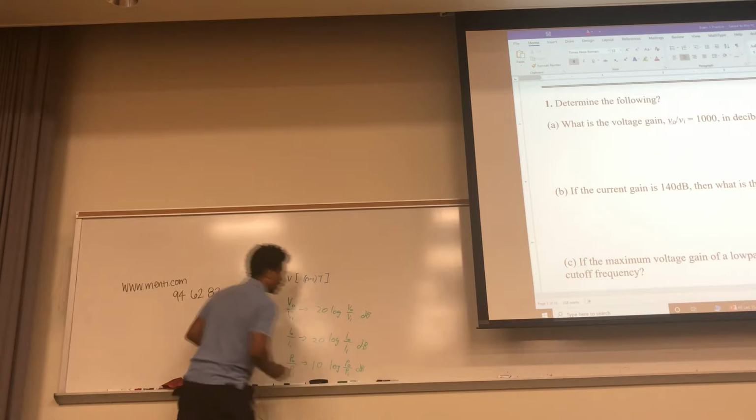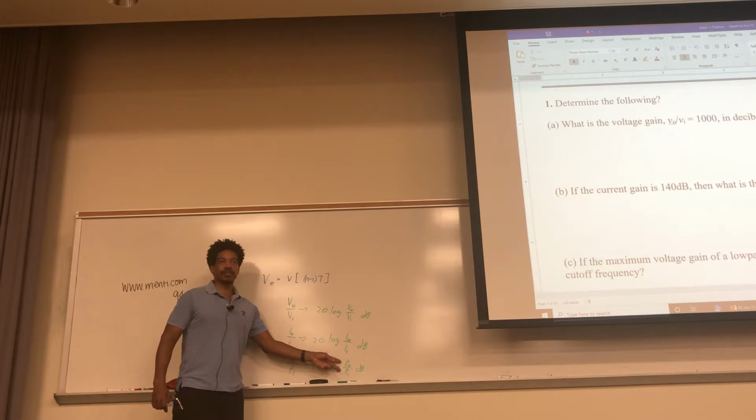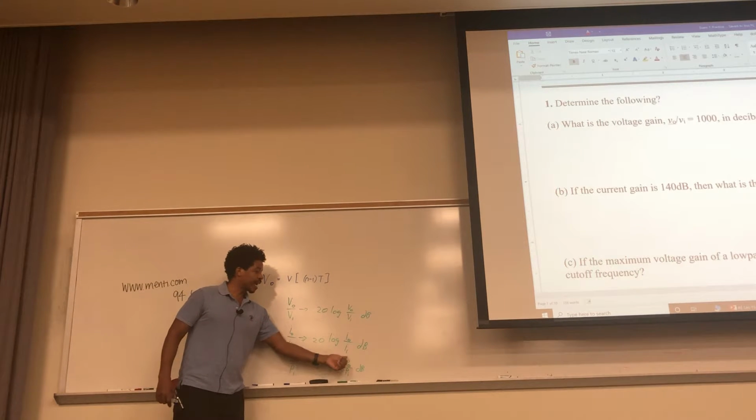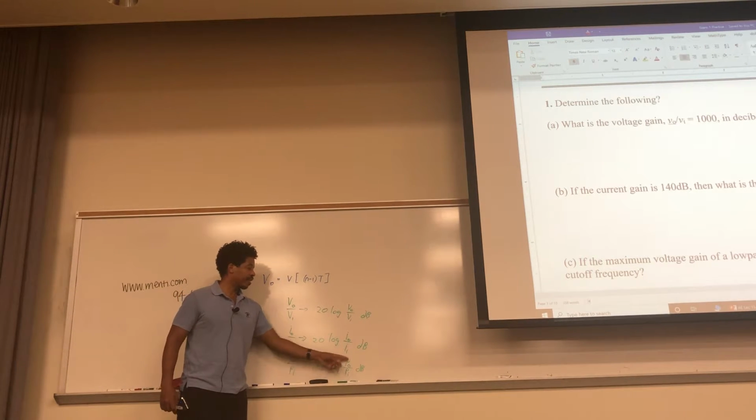And of course, the reason why this is 10 is because power is in terms of the square of your signal. You could think of this as having the square in here. You could pull it out in front and it'll be 20, but having it in there, you're doing power ratios.